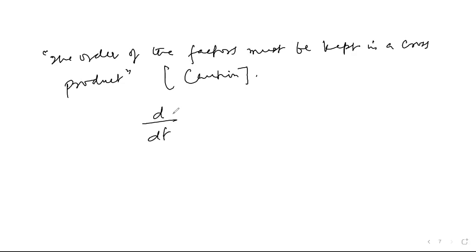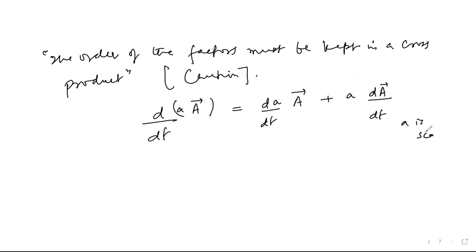So I will write some identities. d by dt of a times A, where a is a scalar, is just d by dt of a times A plus a times d by dt of A. a is a scalar.